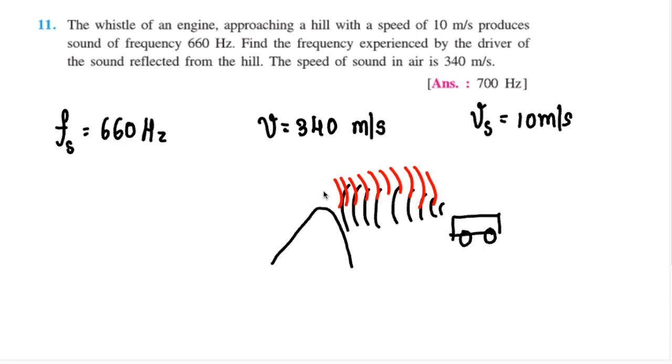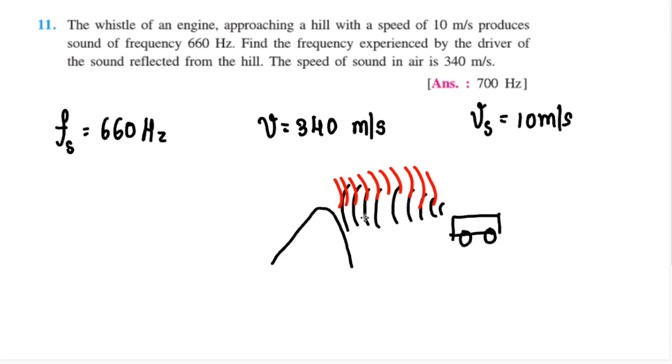That means here the listener will not be stationary, the listener is also moving. So the secondary source is also not stationary. We can understand this as a case of moving source and moving listener, or we can say that the listener is approaching the source and the source is approaching the listener.